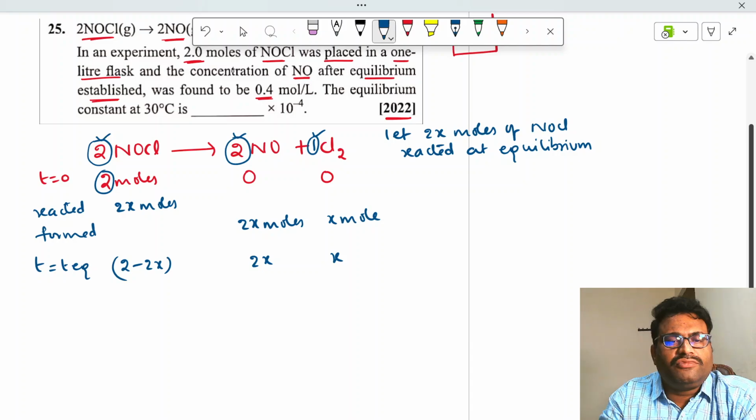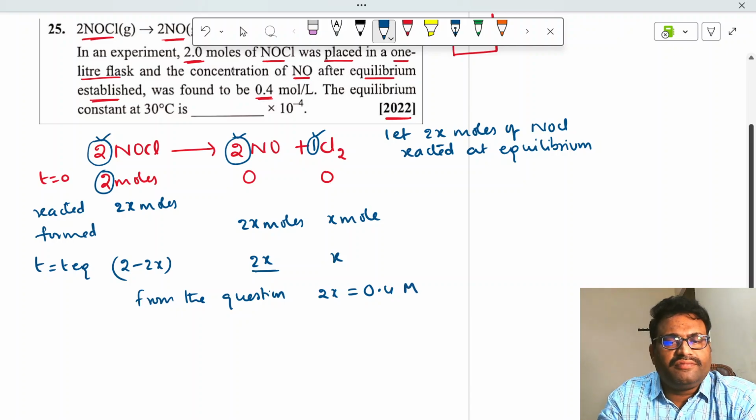So 2x is equal to 0.4 molar. Then x is 0.4 by 2, that is equal to 0.2 molar.